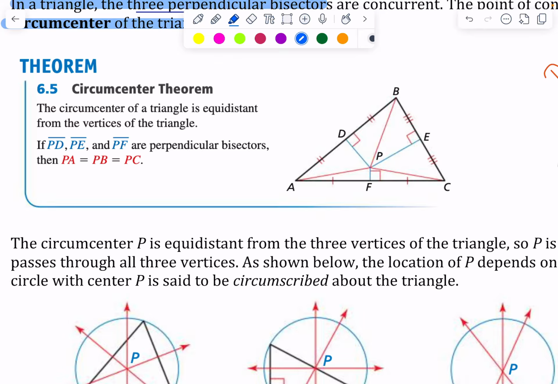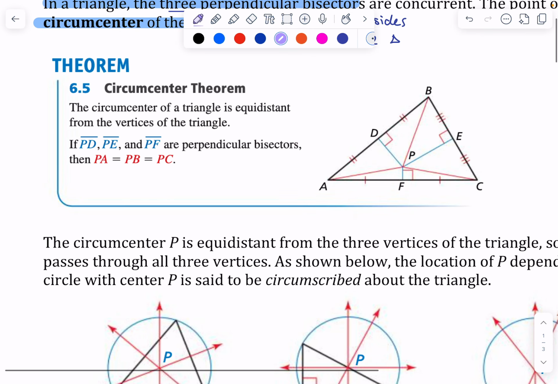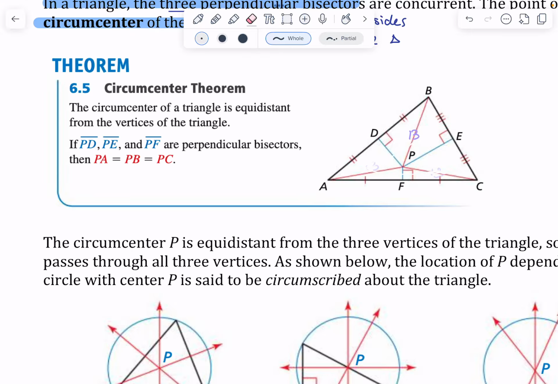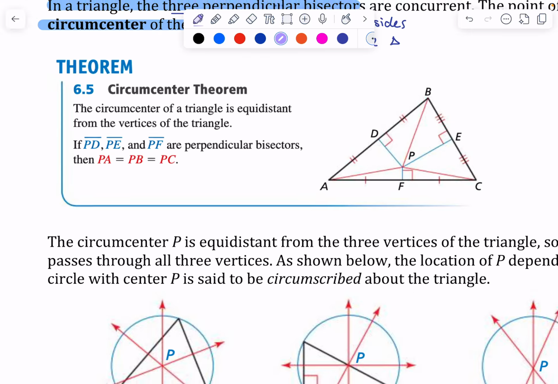So, in other words, P to A, the circumcenter to the vertex A, is equal in length to P to B and P to C. So, if I told you that PA was 13 units long, you know that PB is 13 units long and PC is also 13 units long.